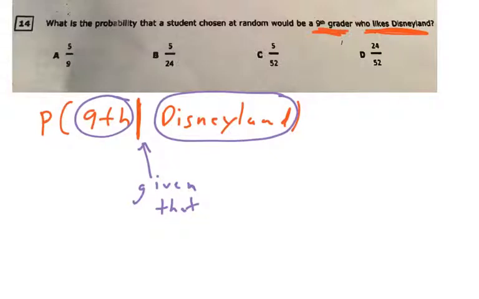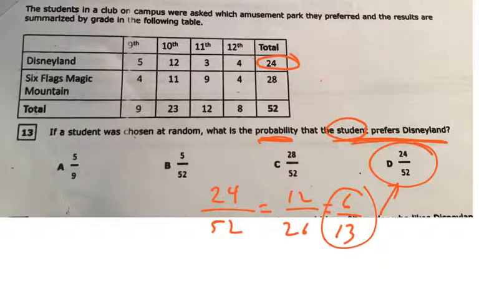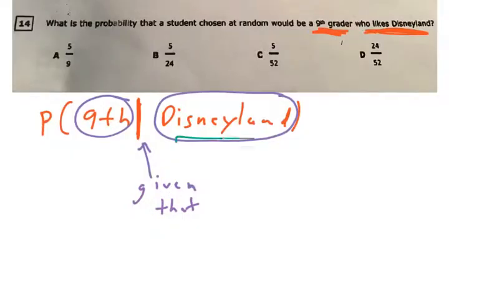Well, hopefully you're still pretty good at this. But the idea is I now know they like Disneyland. So I don't care about Six Flags anymore. I know I'm not looking at 52 students anymore. I'm looking at 24 students because those are the only ones that like Disneyland, right? And that's what that right there means.